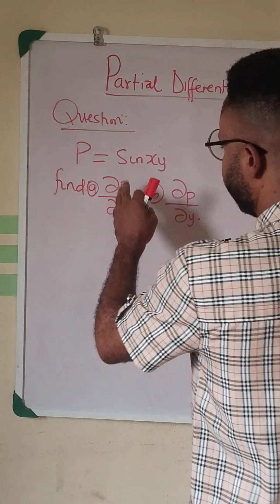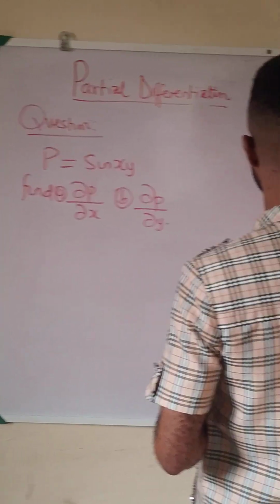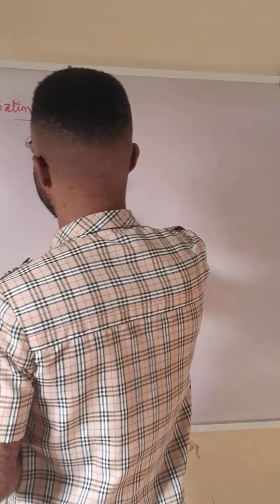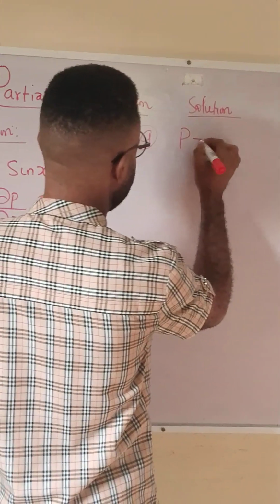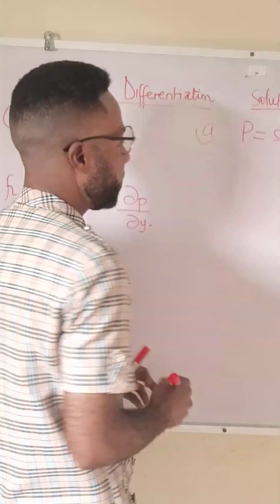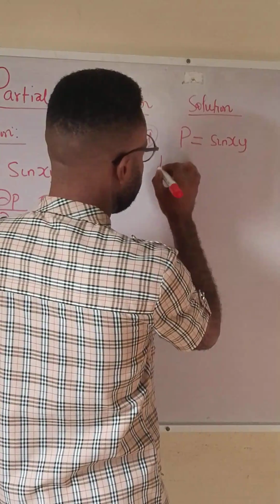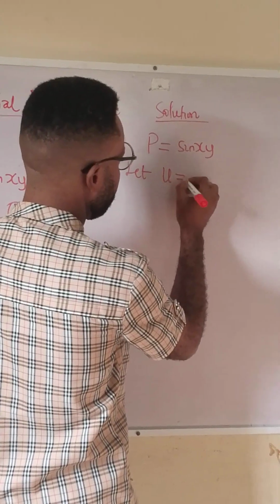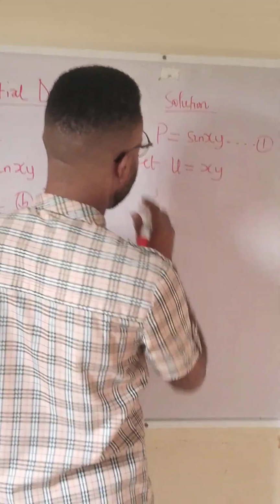Solution. Considering this question, we have p equal to sine xy. Let's make a mathematical statement and say let u equal xy. We can call this equation 1.